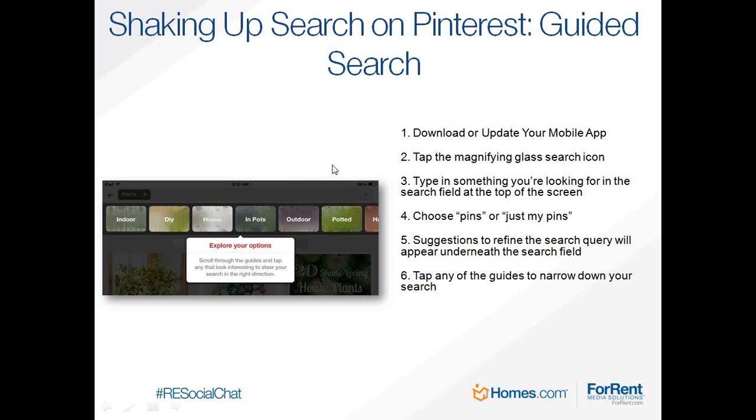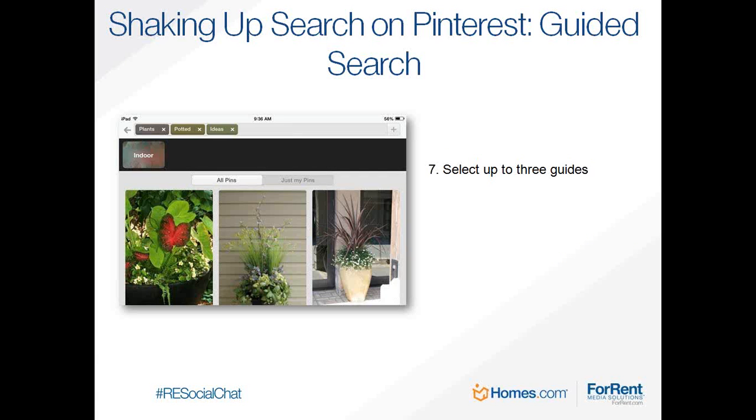So if you want to do plants or indoor plants, you can do potted or ideas, things like that. These help you segment where you want to go with this search. After that, the guides will disappear. They will reappear if you deselect any of the terms in the search field, but if not, they're going to disappear.